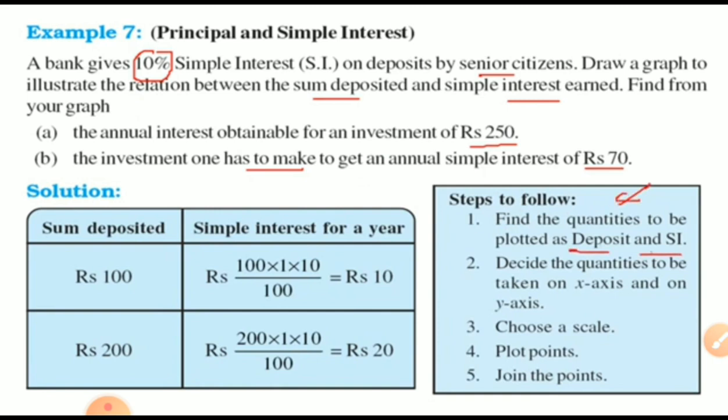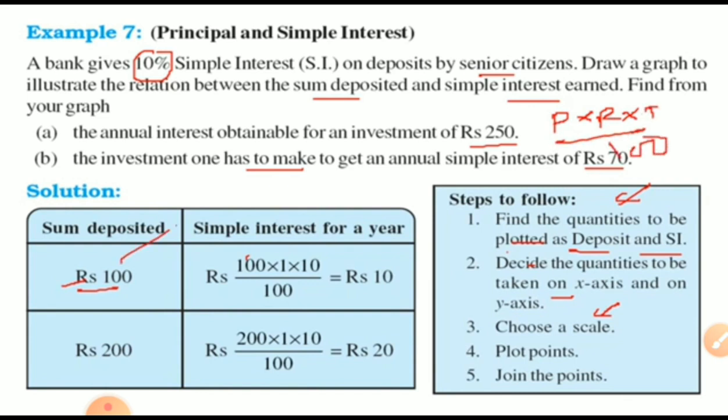Steps to follow. Find the quantity to be plotted as deposit and simple interest. 100 rupees का 10 rupees मिलता है, 200 का 20. Choose a scale, plot points and join the plots. These things you have to keep in your mind. Steps. Yes, my dear student, correct.